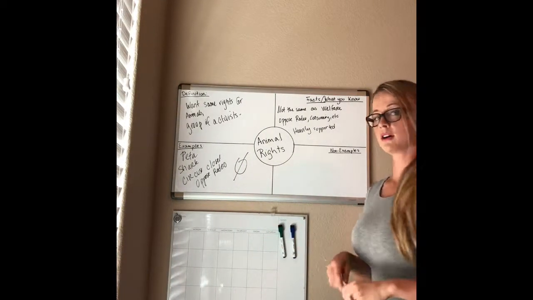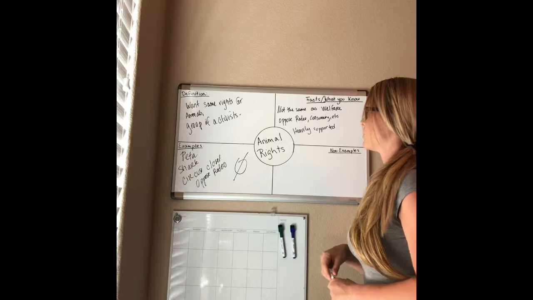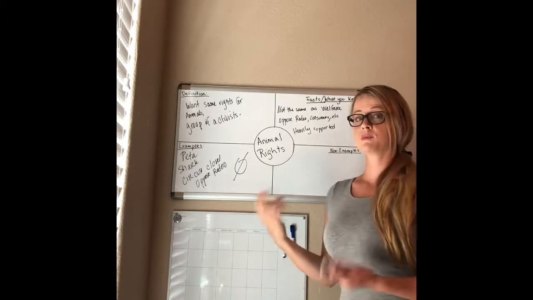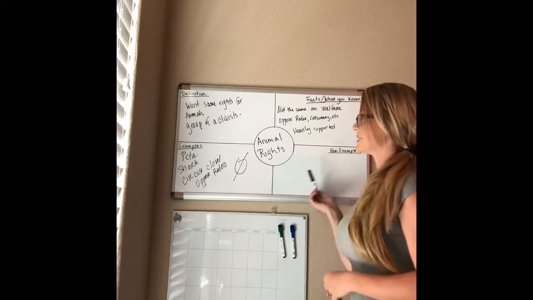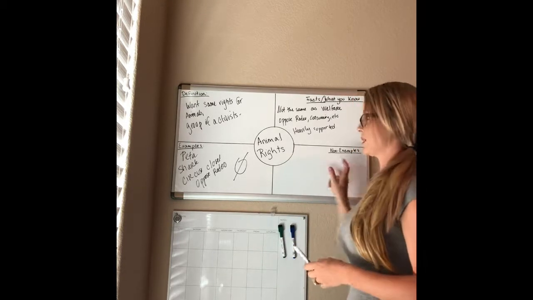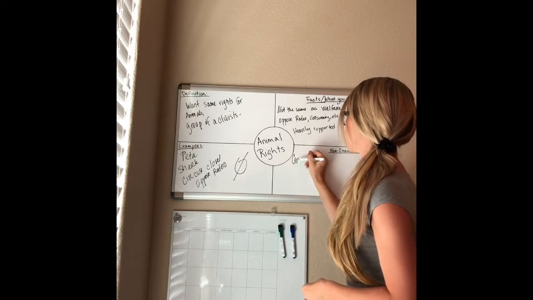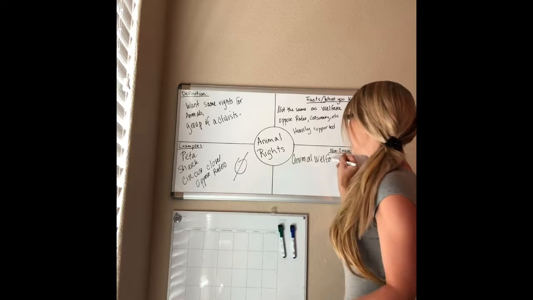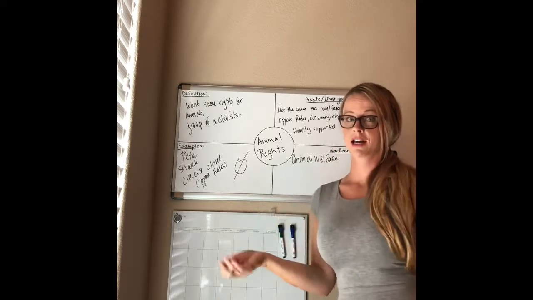Okay, class, so our last box of this entire Frayer model would be to provide non-examples of what animal rights is. And the most obvious would be, as Loki said, and he gave examples of several non-examples, animal welfare groups. And later we will define and discuss what an animal welfare group is.